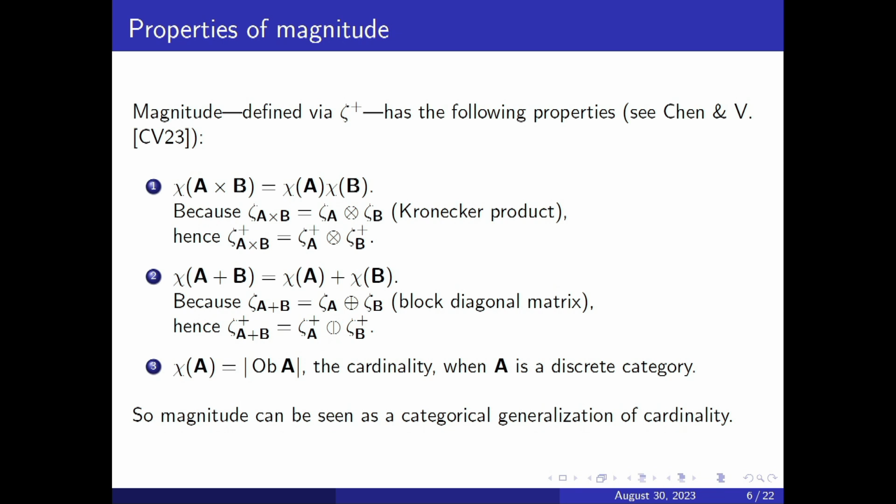So this is why Leinster said that the magnitude can be seen as a generalization of cardinality. In particular, it gives you the cardinality for a discrete category, which is the natural way of regarding a set as a category, but it also has these properties that are reminiscent of cardinality. Okay, so we can see this as a generalization of cardinality.